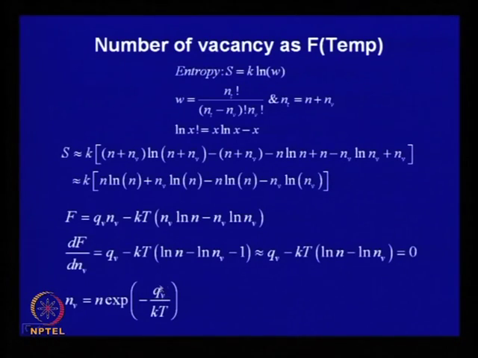Therefore, you can try and find out in 1 cc of copper what will be the number of vacancies at room temperature, and another at say 1000 Kelvin. And because of the exponential nature of this temperature dependence, you will find that vacancies at higher temperature will be several orders of magnitude more than at room temperature.